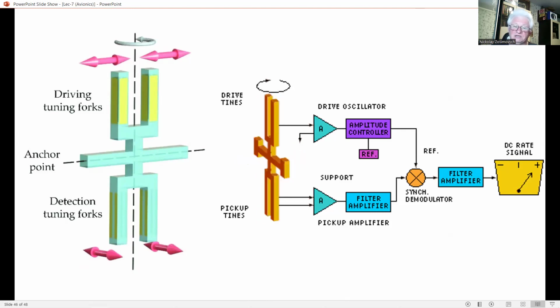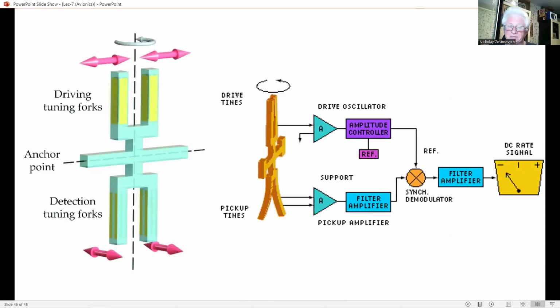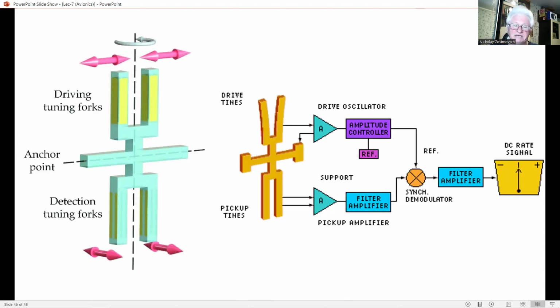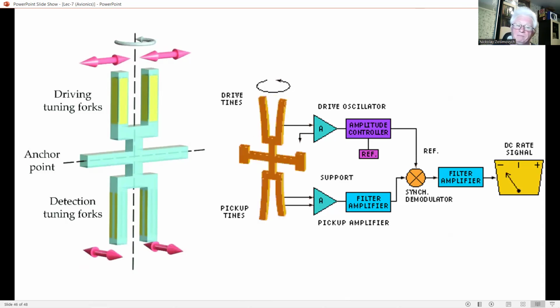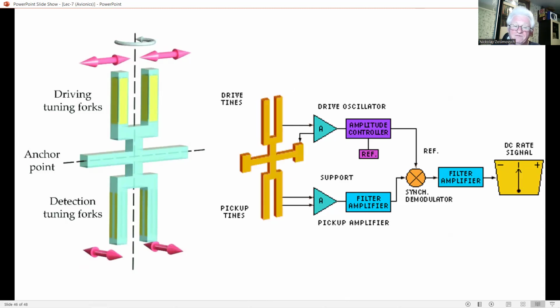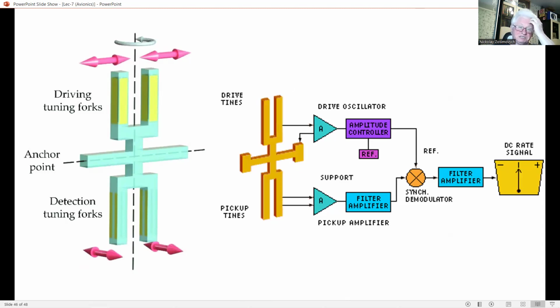And this oscillatory torque in turn causes the tines of the pickup fork to move up and down, in and out of the plane of the fork assembly. This causes an electrical output signal to be produced by the pickup amplifier, which is amplified and phase-sensitive rectified to provide a DC signal, which is directly proportional to the input rate.